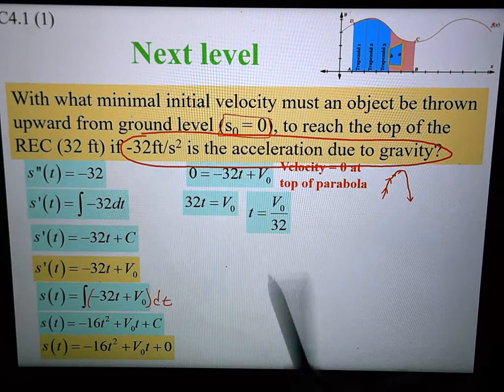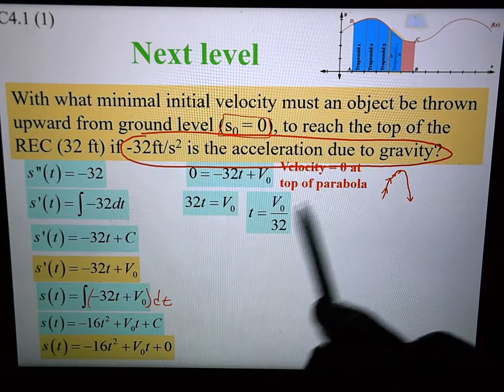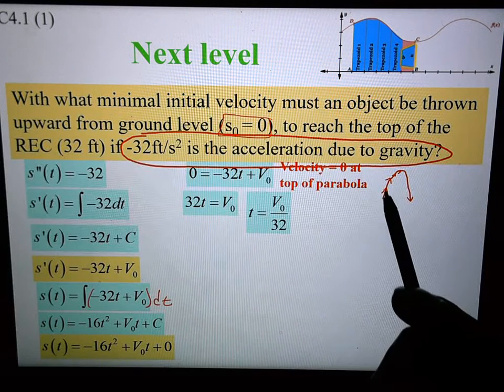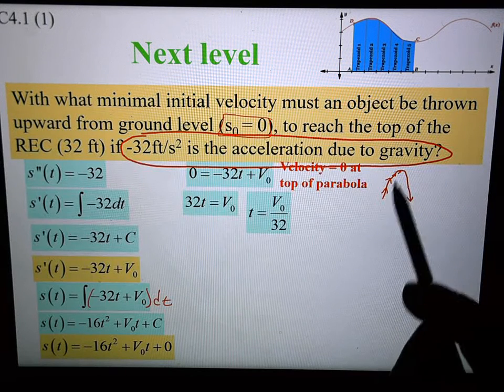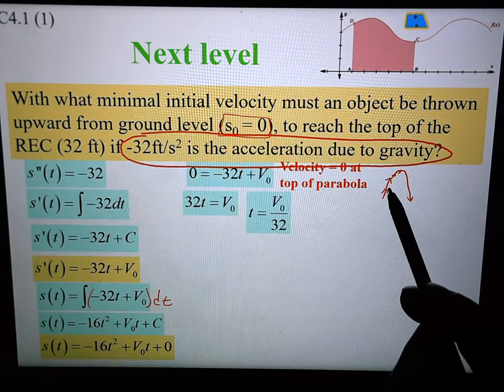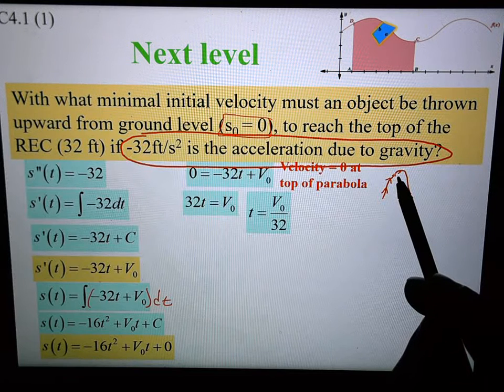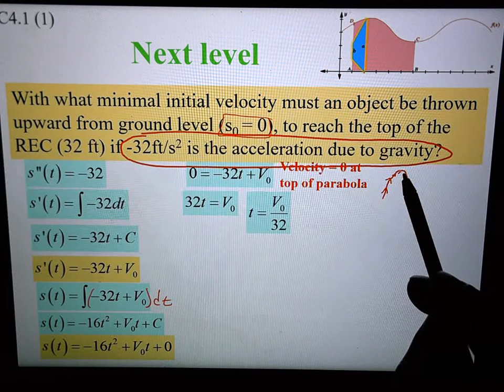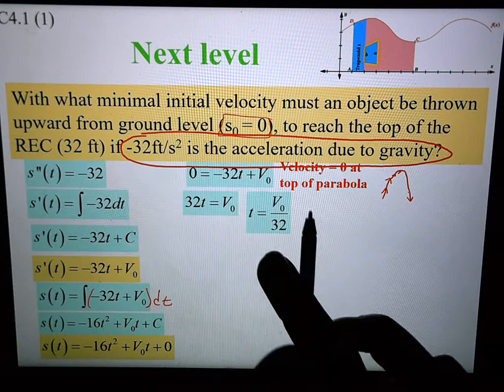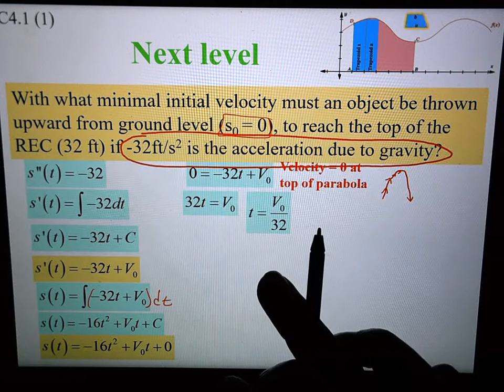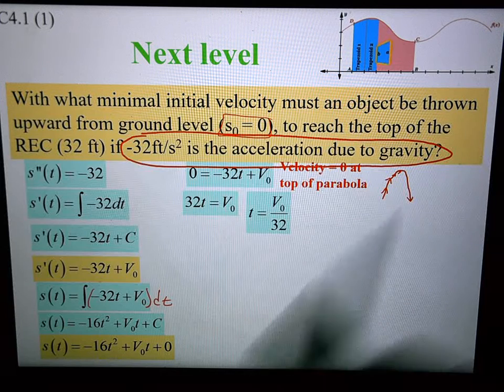And now I know this is the time it takes to get to the top of the parabola. That's when your velocity is 0. The velocity is decelerating, gets to 0, and then it starts accelerating negatively going downward. This is the time it takes to get to a velocity of 0.